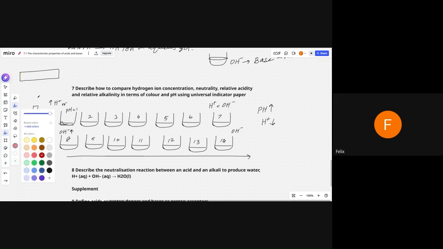Let me show you the universal indicator chart, right?